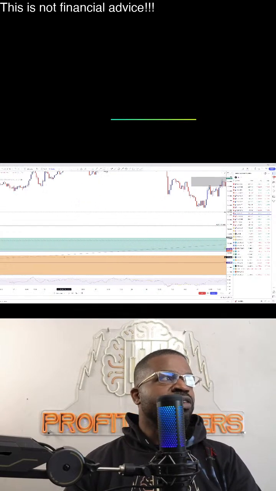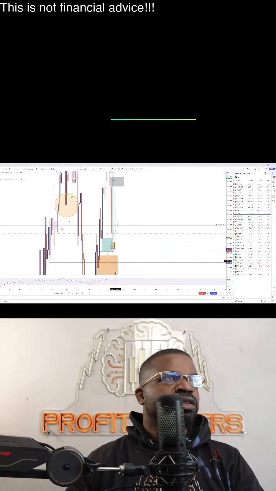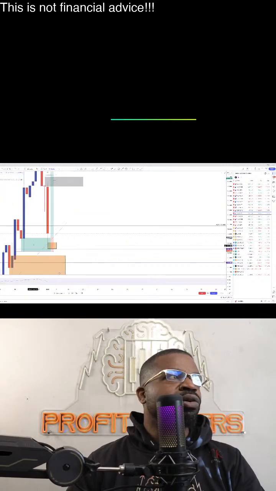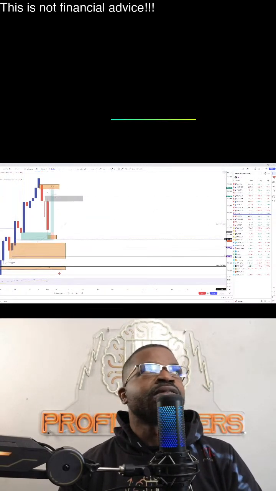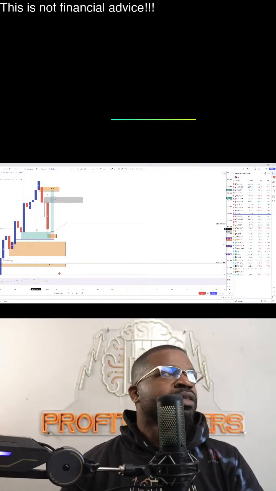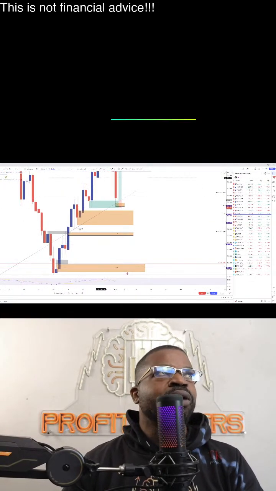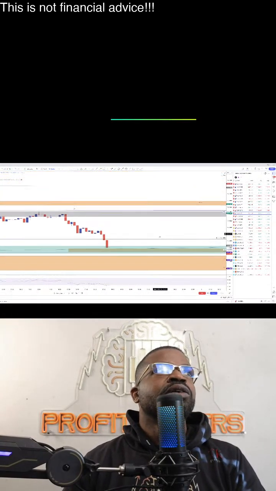So we reached this major level right here. I believe it's on the daily. So we reached this major level, or this low on the daily that was not retested. We had this massive drop from here over the past couple days. And we were honestly looking for a break of this trend line because of what presented.